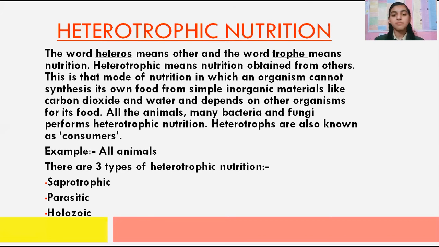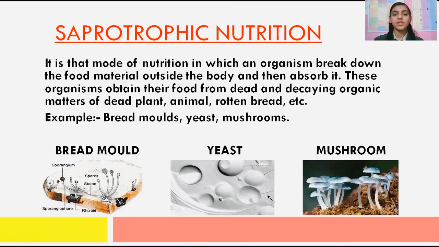All animals, many bacteria and fungi perform heterotrophic nutrition. Heterotrophs are also known as consumers. Example, all animals. There are three types of heterotrophic nutrition: saprotrophic nutrition, parasitic nutrition, and holozoic nutrition.